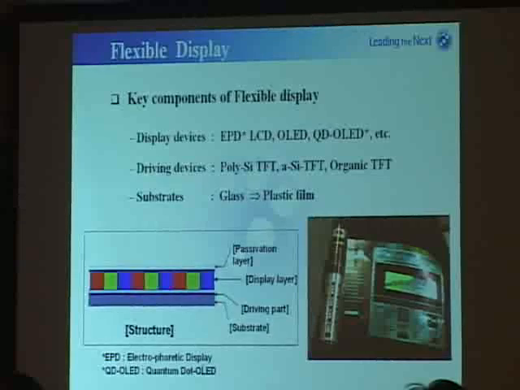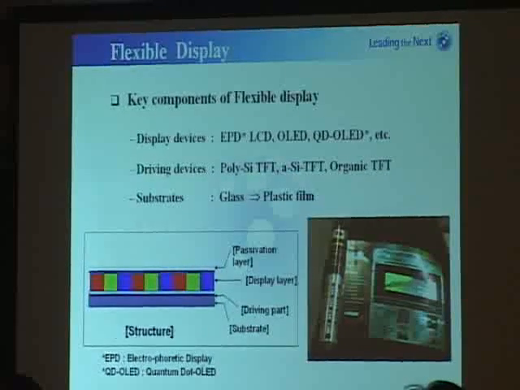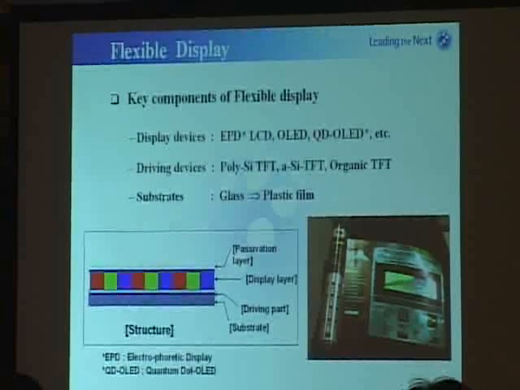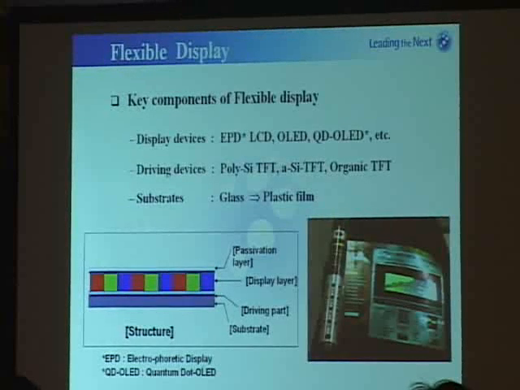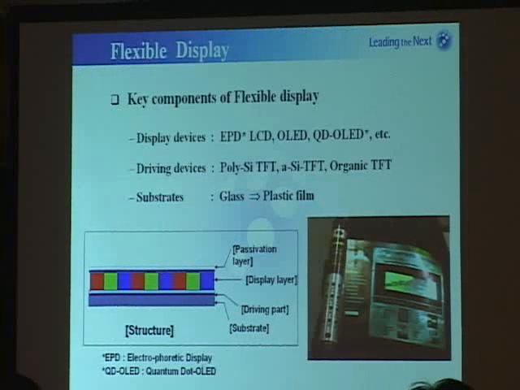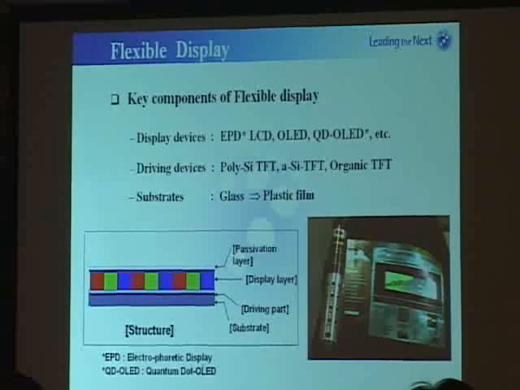This picture shows key components of flexible displays. A flexible display is composed of the following three parts: display, driving, and substrate. For display devices: electrophoretic display, liquid crystal display, organic LED, and I'd like to explain about quantum dot OLED too.